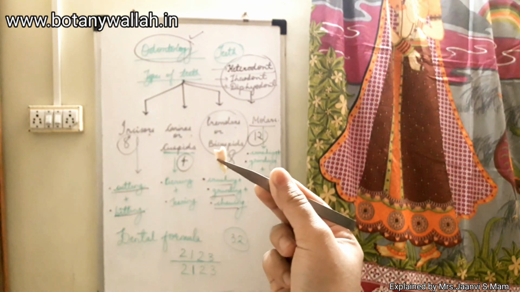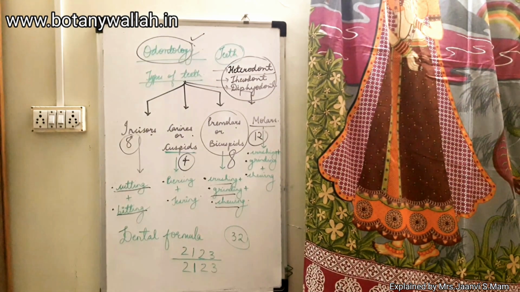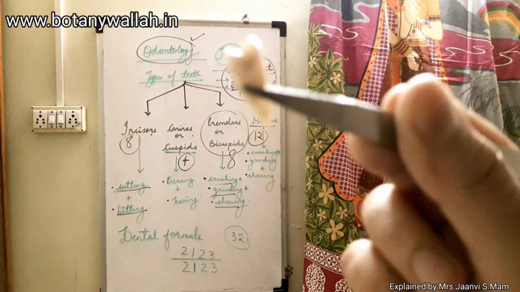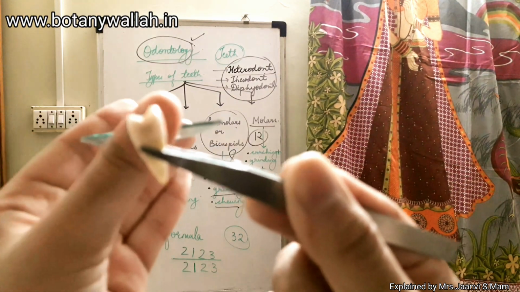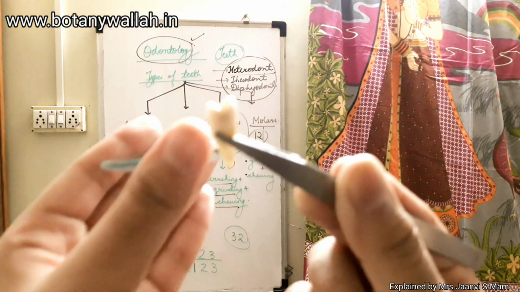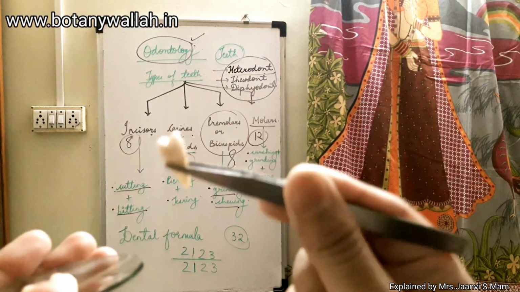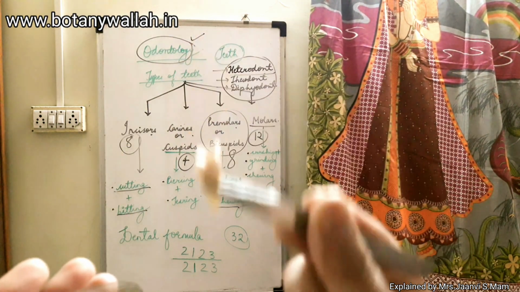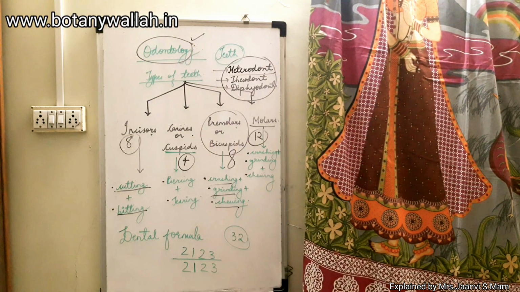I taught you that a premolar is a bicuspid. You can see this clearly here. If you want, I will keep my hand. See, it has these two points and one root. So this is a premolar, a bicuspid.